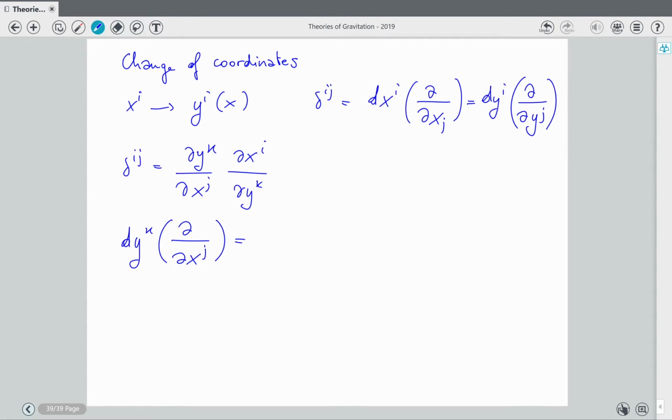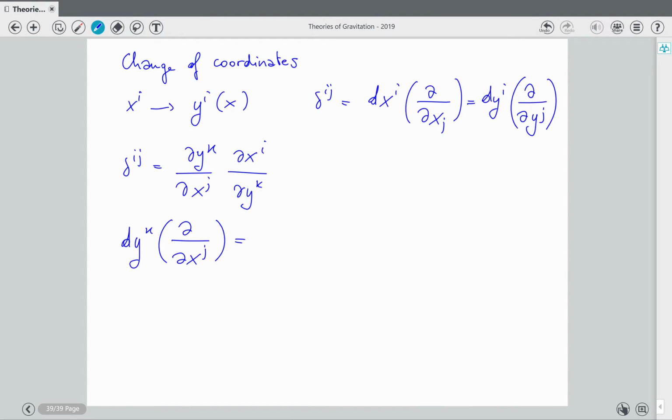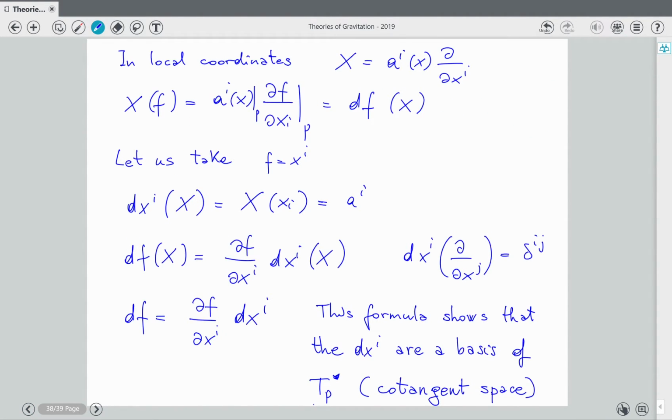Well, we treat it as the definition prescribes. This yk is the function f, and partial over partial xj is the vector field x.